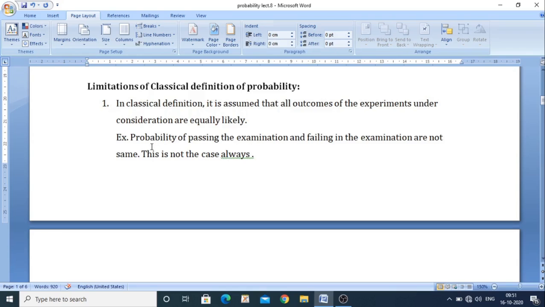When we toss a coin, the probability of head and of tail is 50-50%, as we expect. But for an examination, the outcome is pass or fail; though there are 2 outcomes, that does not mean the probability of failing and passing is the same. So the classical definition is not applicable in such cases. Ideally you will not always get such a sample space, and in that case the classical definition fails.